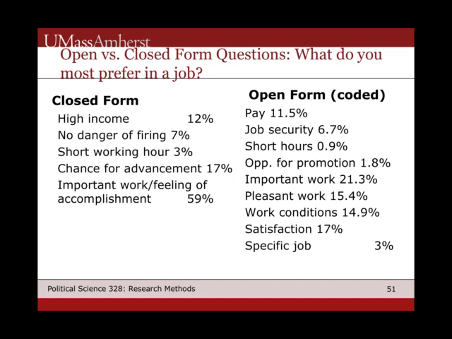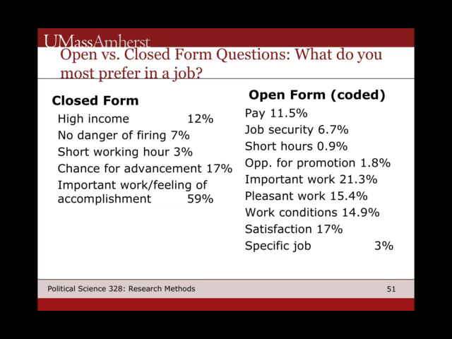However, whenever you give them open form and you code it, you actually see things like pleasant work, work conditions, satisfaction. These go along with the idea of important work or feeling of accomplishment, but the pleasant and the work conditions are different. They don't correspond completely to what we had before. Actually, fewer people choose short hours.